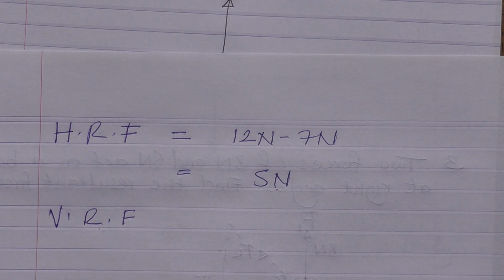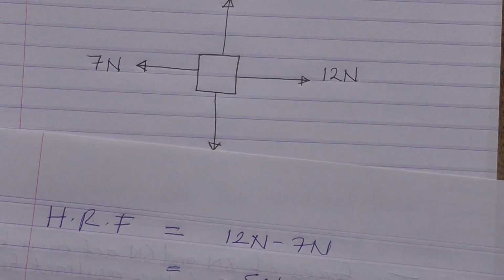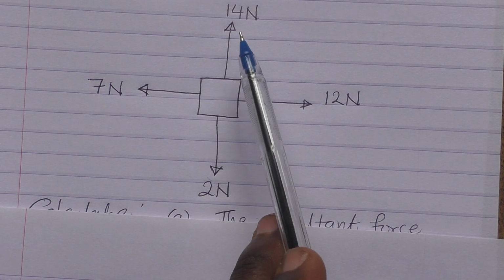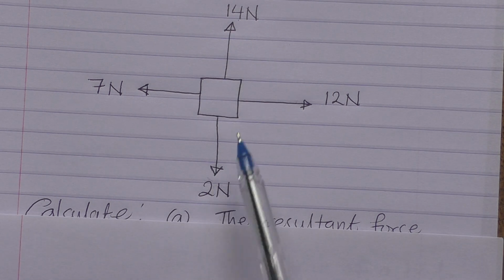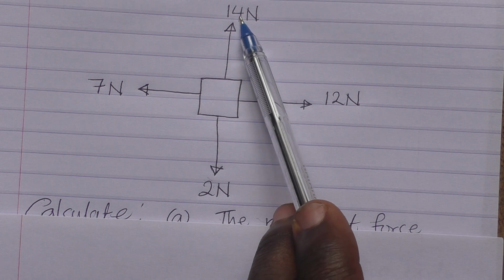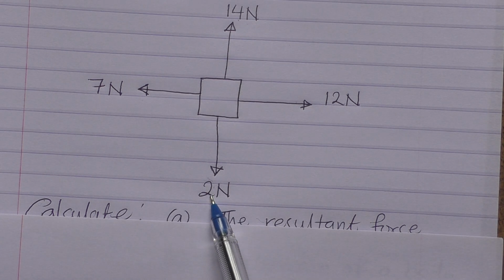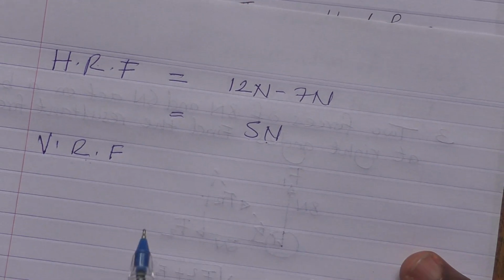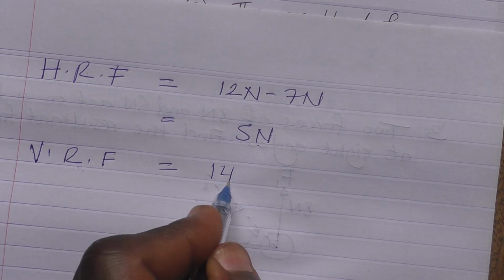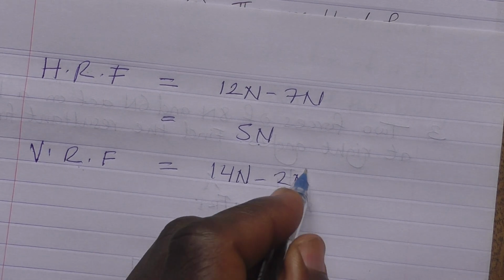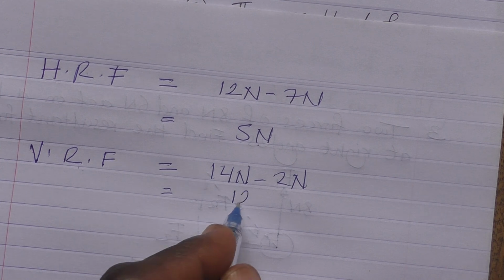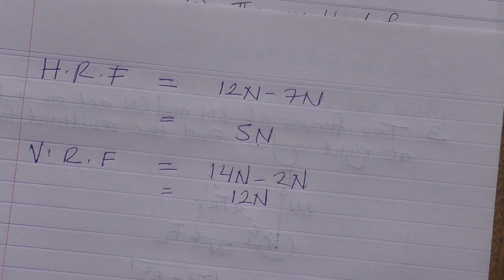So please don't write those abbreviations. So let's come back. We are considering the vertical forces of 14 and 2. We shall take 14, take away 2. So that gives us the vertical resultant force as 14 newtons, take away 2 newtons, which gives us 12 newtons.